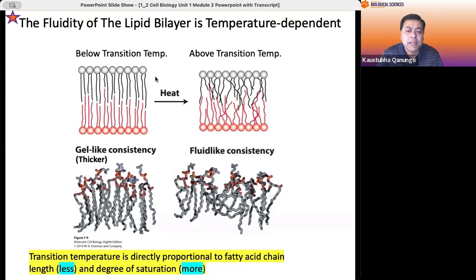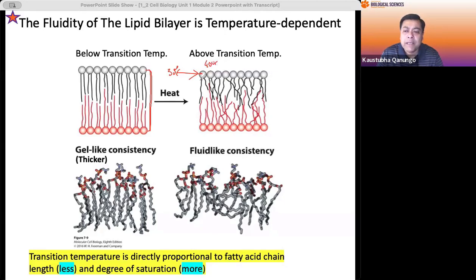Below 35 degrees Celsius, the membrane will look like this, and if you look at the thickness of the membrane right here, it is pretty thick. On the other hand, what happens if you subject that membrane to a temperature more than 35, say about 40 degrees Celsius?